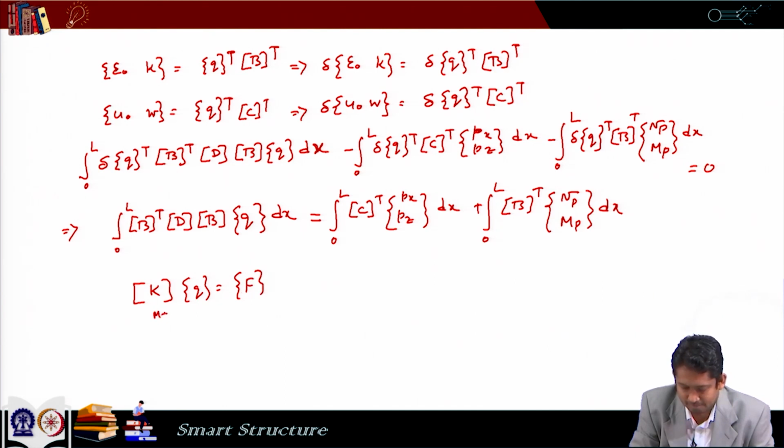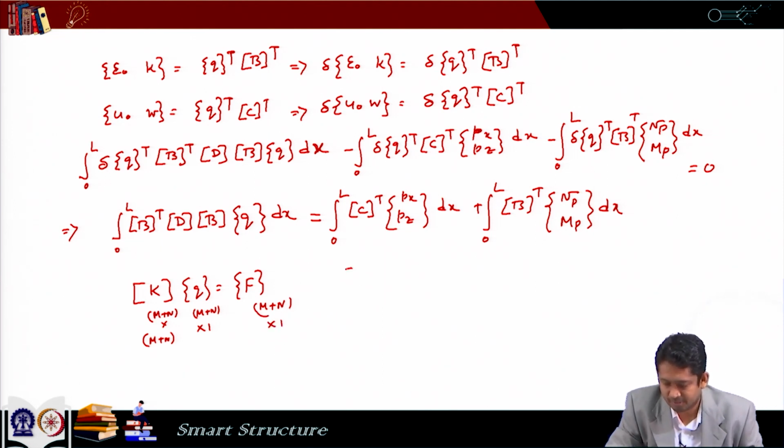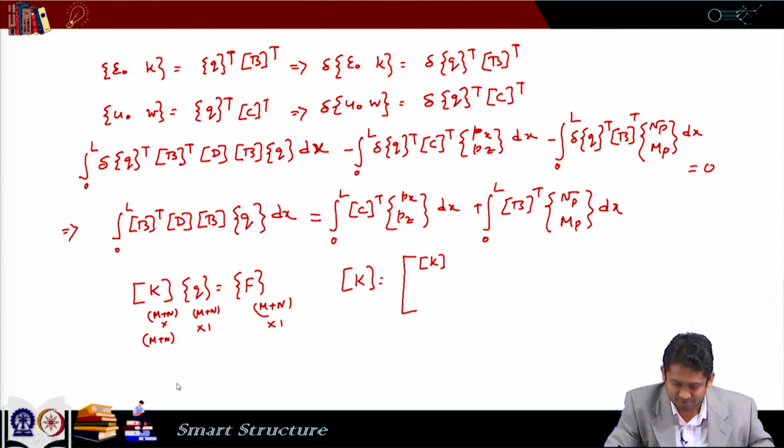So, this is m plus n multiplied by m plus n, this is m plus n multiplied by 1, this is m plus n multiplied by 1, and this K matrix is same as what we got in the previous approach, where we used the Galerkin technique where we shifted the derivatives. So, the matrix remains same here.